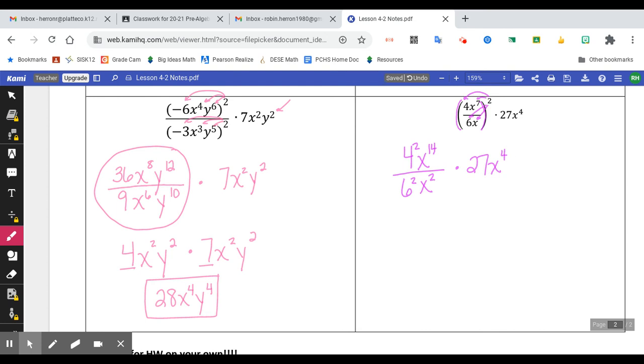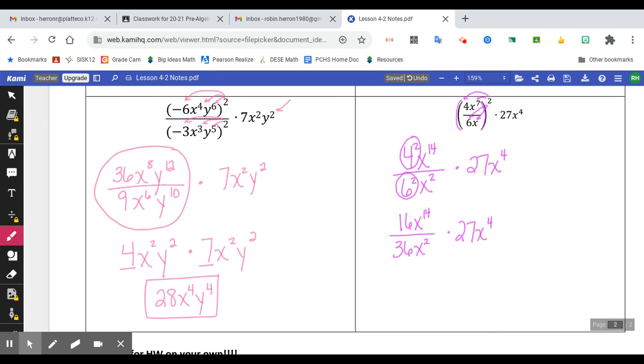Now, we can go ahead and do this 4 squared and 6 squared. Like, we know what those answers are. So this is going to be 16x to the 14th over 36x squared, right? Still times 27x to the 4th.